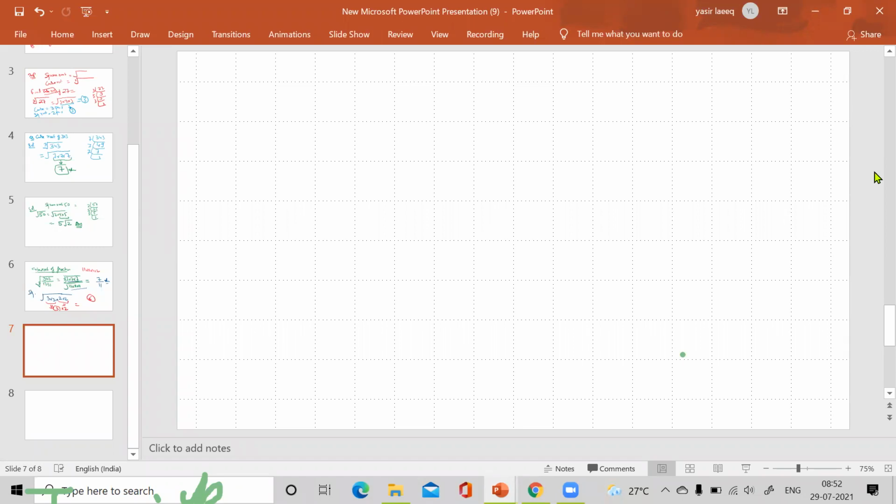Just see exercise 8.4, page number 153. I am telling from the first question.